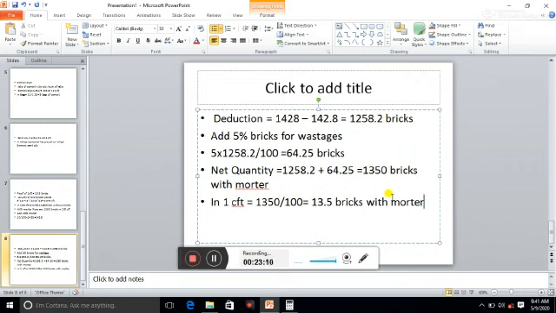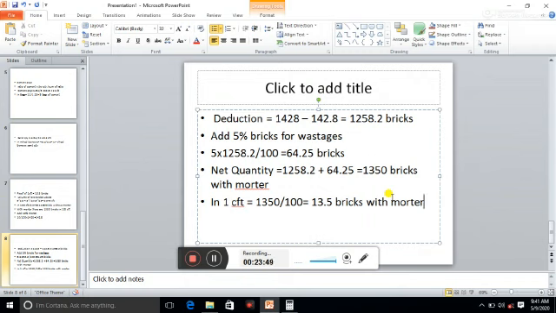In this proof we first found the volume in cubic feet, then found the quantity of bricks in 100 cubic feet, then added 10% mortar, then deduction, then added 5% bricks for wastage, and got the net quantity of 100 cubic feet, which is 1350 bricks with mortar.